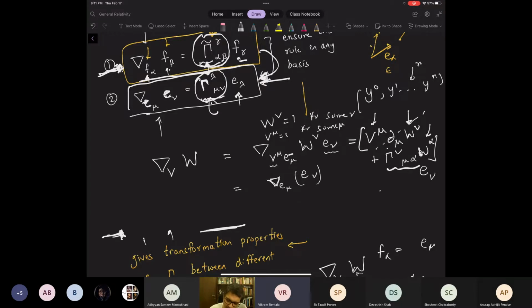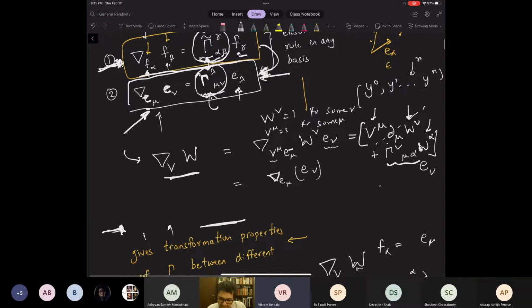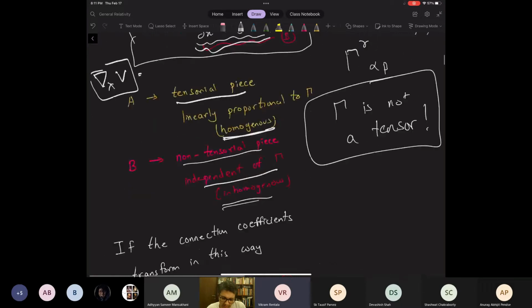So this rule is consistent with the rule that we had written down earlier for the derivative on a general vector. In fact, we had started with this rule and derived the rule for a vector in the last class, assuming those properties of the affine connection.